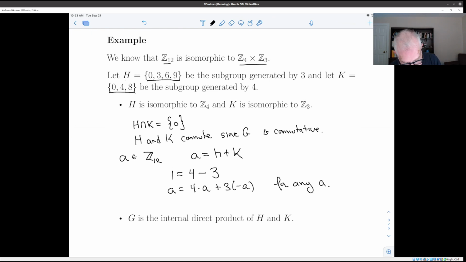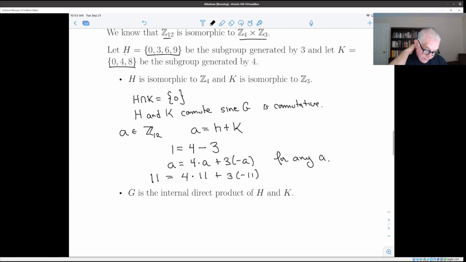So in particular, let's take 11. 11 is equal to 4 times 11 plus 3 times minus 11. Well, 4 times 11, we view that inside Z12. This is 44, which is, what is that congruent to mod 12?